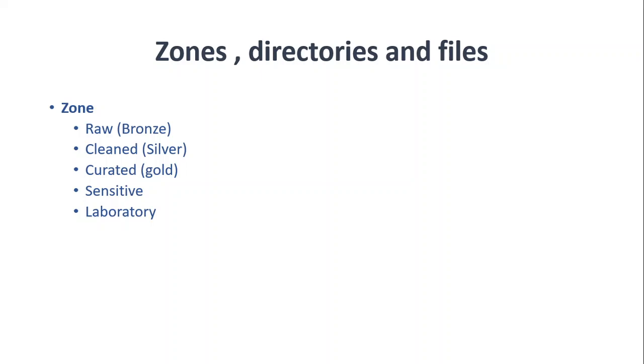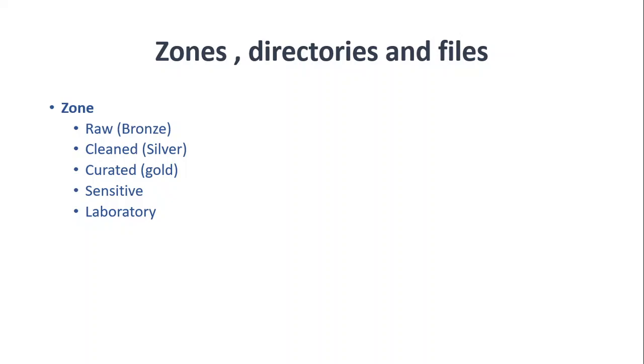So zone, as I mentioned, is the root level folder hierarchy, and it can be of many types, but these are the main ones which should be there. It's not exhaustive; you can have more than these. These cover all the zones: raw, cleaned, curated, sensitive, and laboratory.